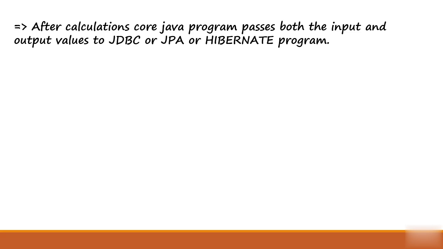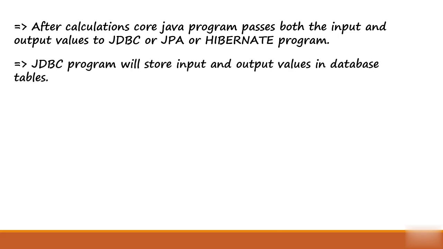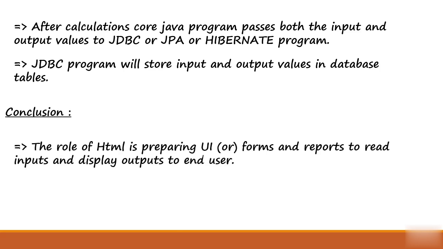Whatever we have discussed by seeing the diagram, everything I have written in these slides, you can take it. After calculations, the core Java program passes both the input and output values to a JDBC or JPA or Hibernate program. The JDBC program will store input and output values in database tables. Conclusion. The role of HTML is preparing UI or forms and reports to read inputs and display outputs to the end user.